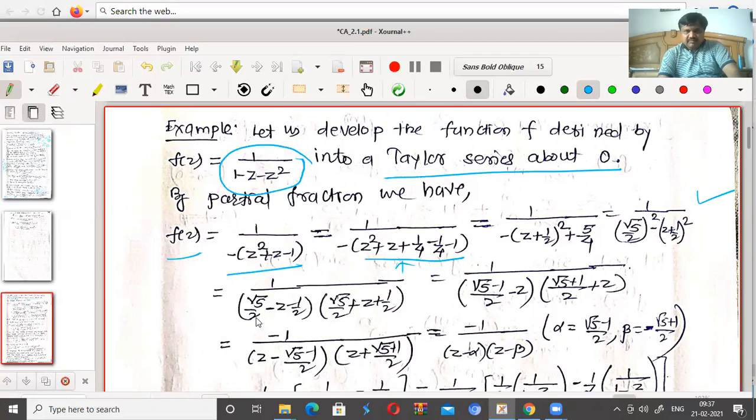which is equal to 1 upon root 5 by 2 minus z plus 1 by 2, that is minus z minus 1 by 2, into the second bracket root 5 by 2 plus z plus 1 by 2. That is 1 upon root 5 minus 1 upon 2 minus z, root 5 plus 1 upon 2 plus z.